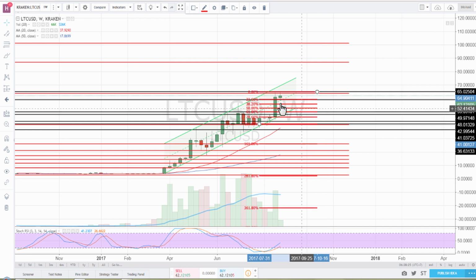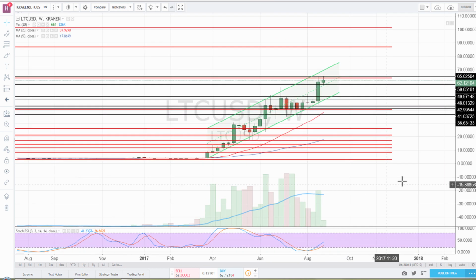So in the short term, I wouldn't be surprised if Litecoin retraces down to the $50 level again before it can bounce and go back up again. But in general, it is inside of an uptrend.